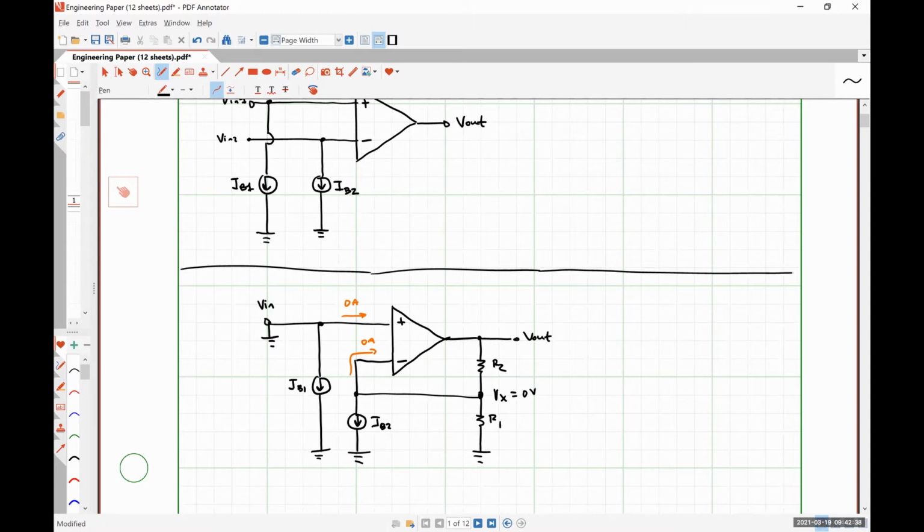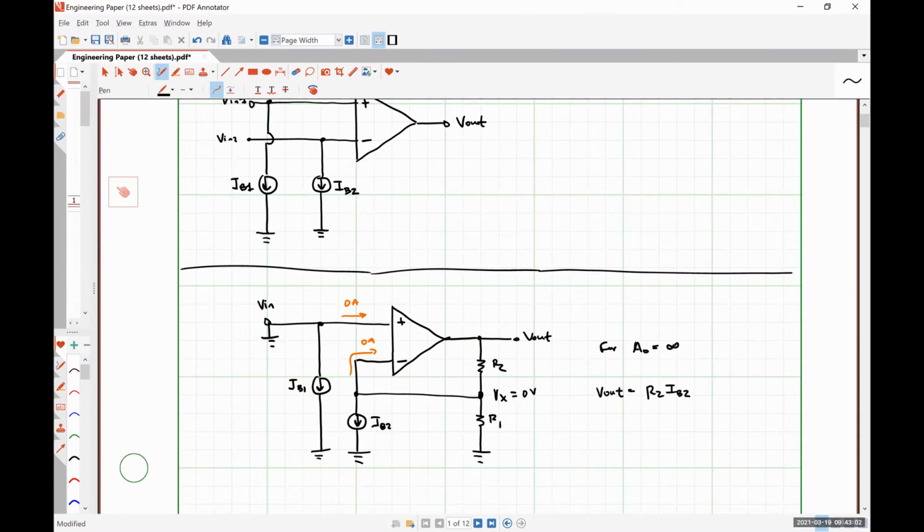All of IB2 flows through R2, and we observe that Vout is simply R2 times IB2. And I'm going to put up here A0 is equal to infinity.